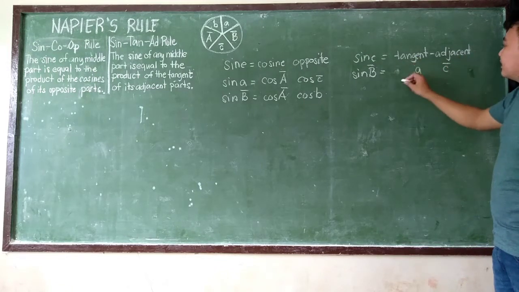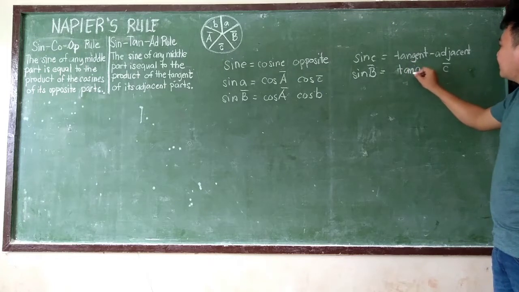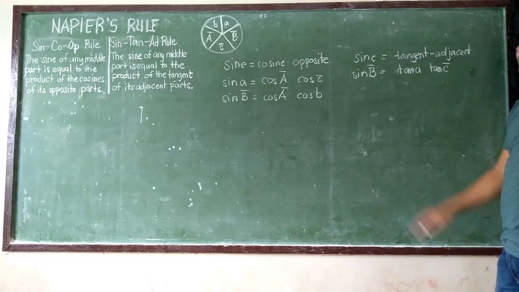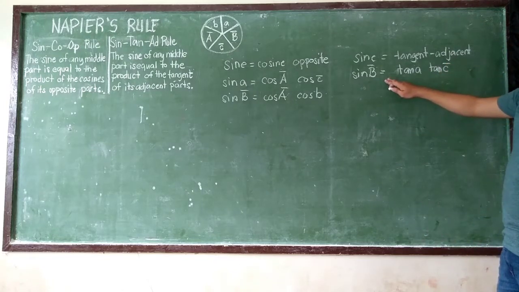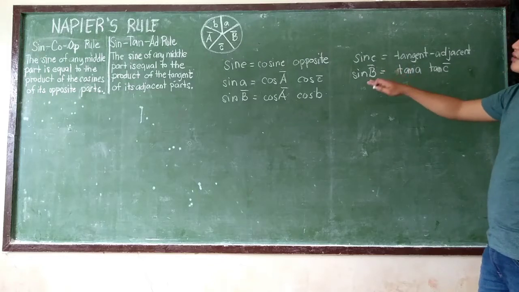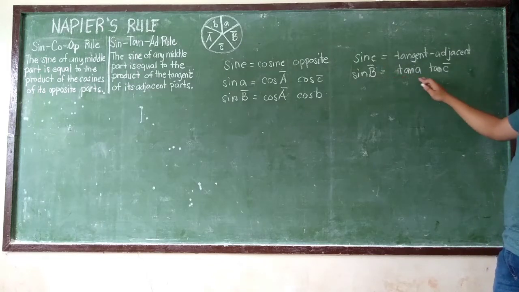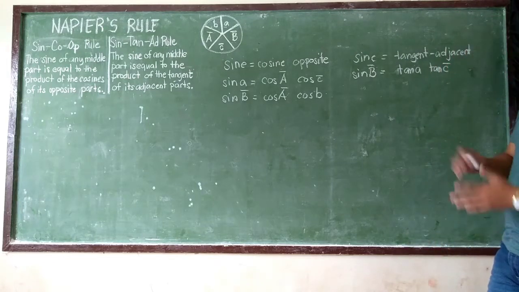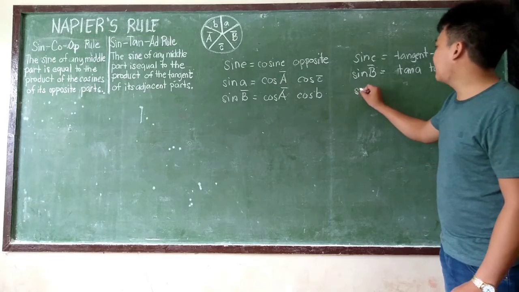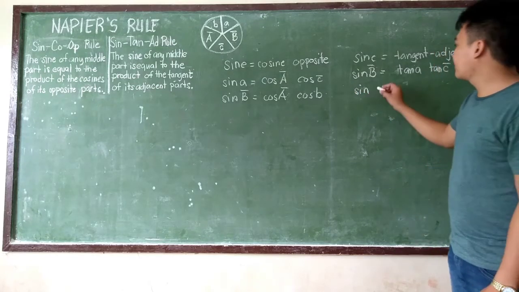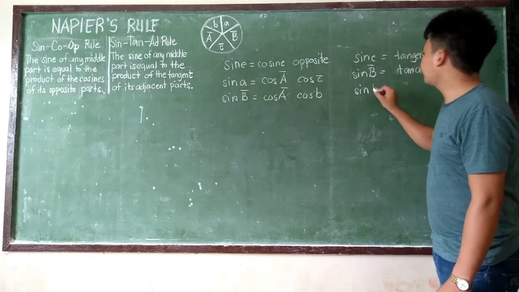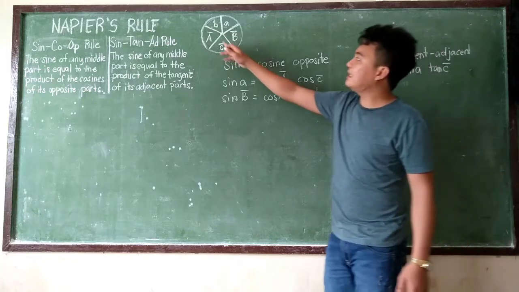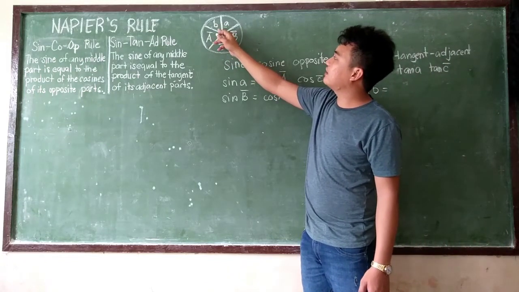So just get the tangent of A, tan A, then tan C bar. So that is the sine, tangent, adjacent rule, or what we call the sin tan ad rule. Another one. For example, sine B. Kindly find the adjacent parts of B.